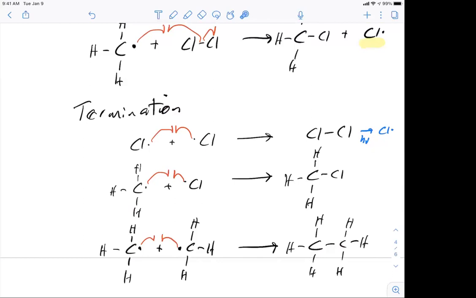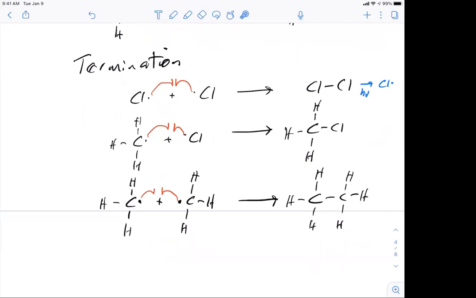Any two radicals that are formed coming back together can stop the reaction. So the kinetics of radical reactions are somewhat unique because you always have potential termination occurring, but you can also have reinitiation occurring throughout the process. Okay.